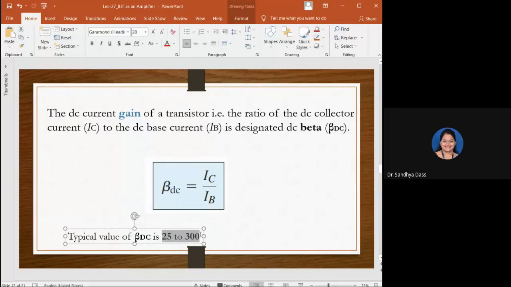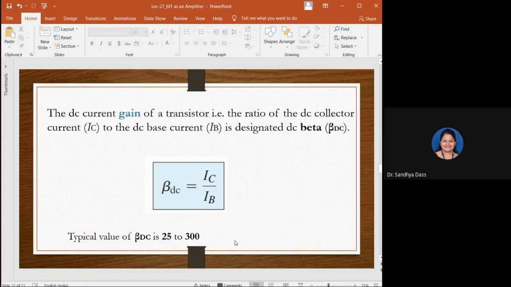Typically, the value of beta will range from 25 to 300. The manufacturer will give you these values, alpha and beta, in the data sheets, from which you will understand the current gain of the particular device you are using.